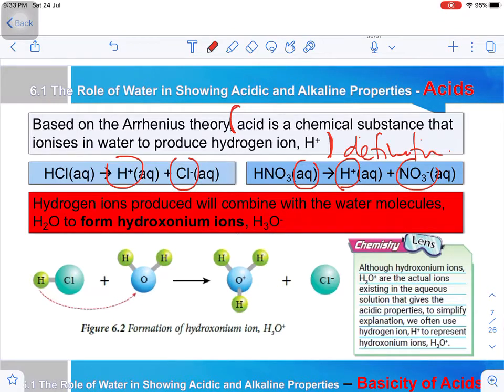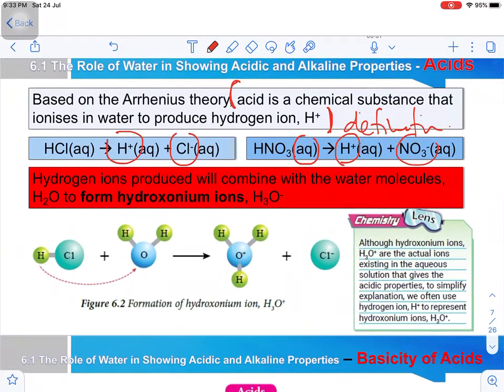So actually what happened? Hydrogen ion produced will combine with the water molecule to form hydroxonium ion. So you have learned dative bond. Okay, hydroxonium is an example of dative bond, which is hydrogen ion will go to water molecule and attach to the lone pair of electron in the oxygen atom.